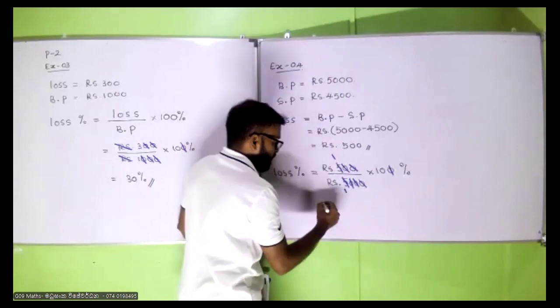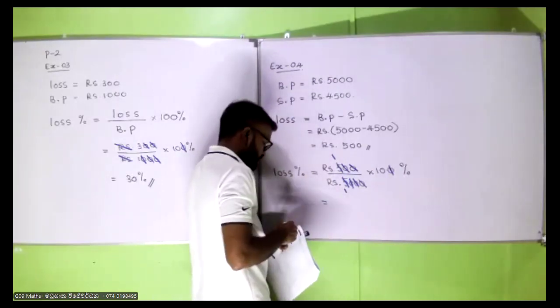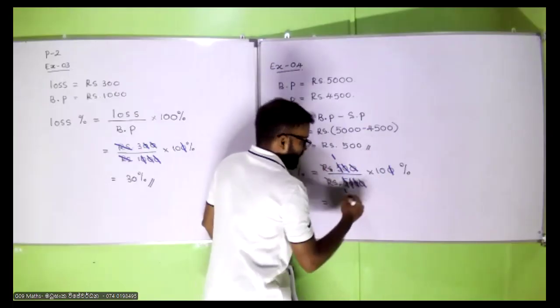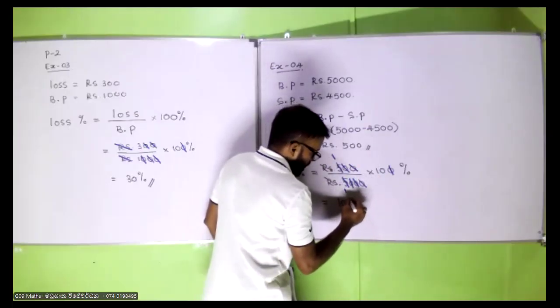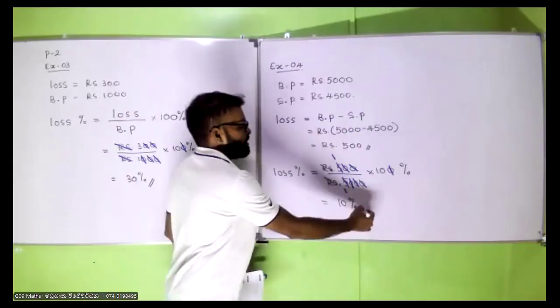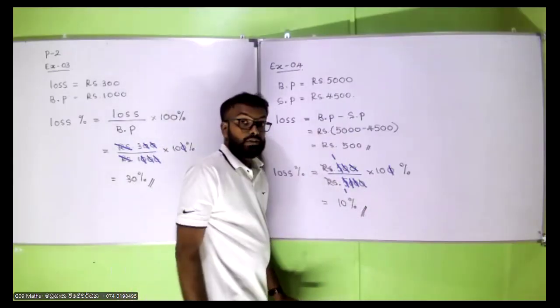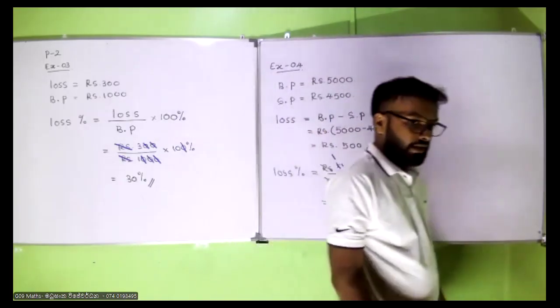The rupees can also be cut with these rupees. 1 times 10. So the loss percentage is 10%.